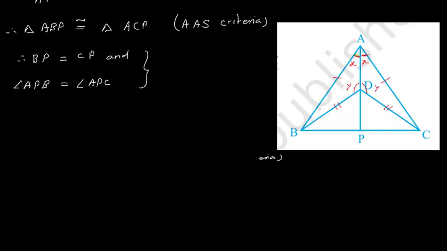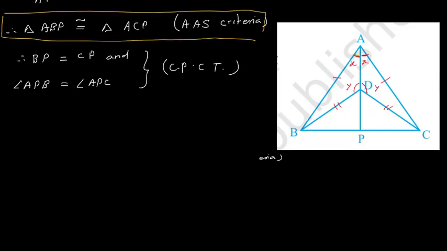They are corresponding parts of congruent triangles. Now these two triangles we have to prove congruent, so let us again put them in a bracket. So we have done this part. Now we have to prove that AP bisects angle A as well as angle D.